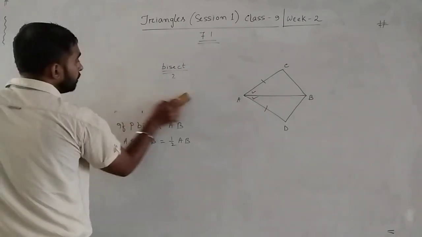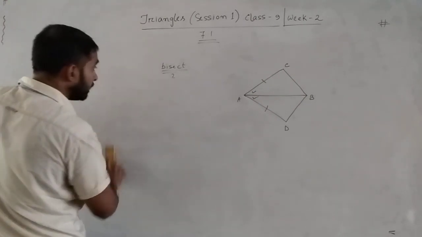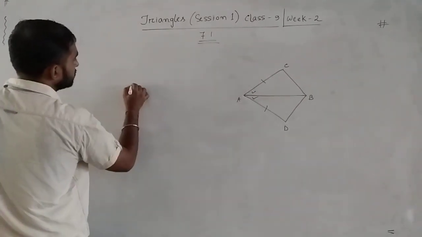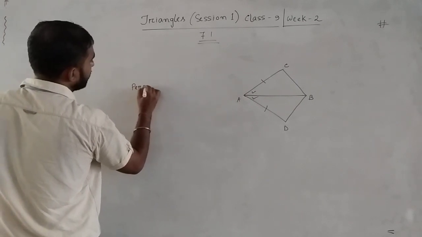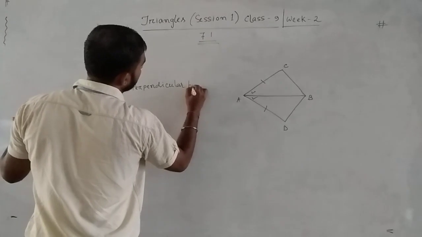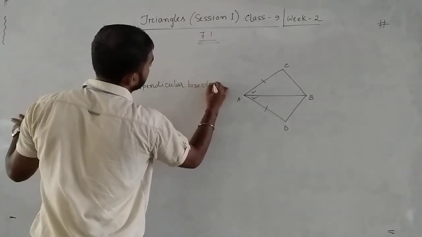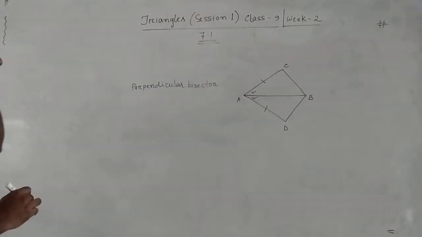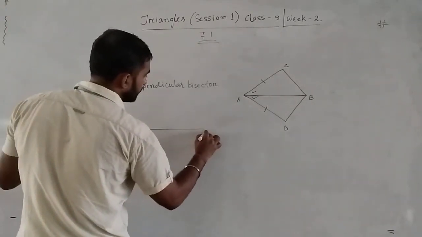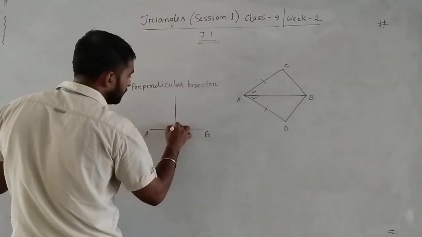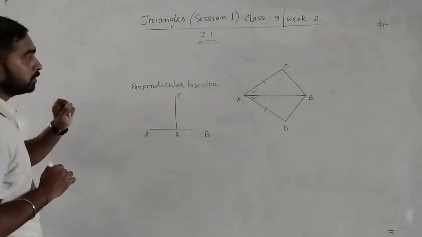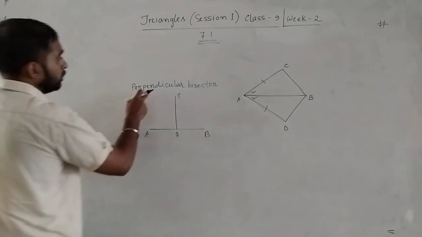Secondly, perpendicular bisector. What is a perpendicular bisector? Suppose AB is a line where PQ is the perpendicular bisector. There are two terms connected with this word.